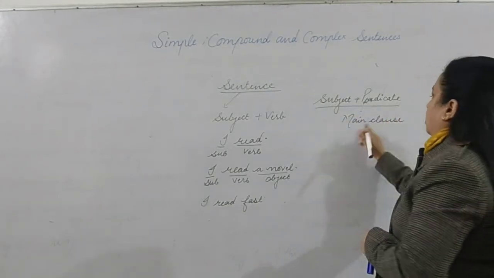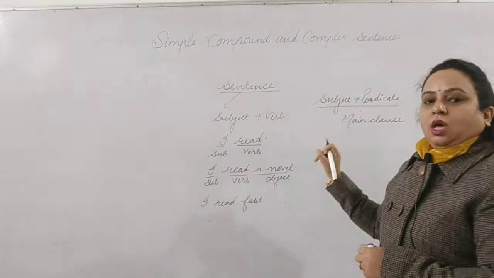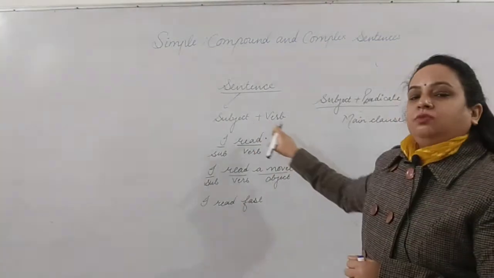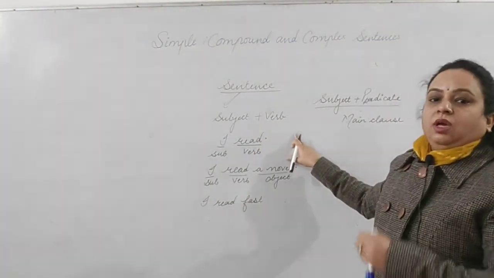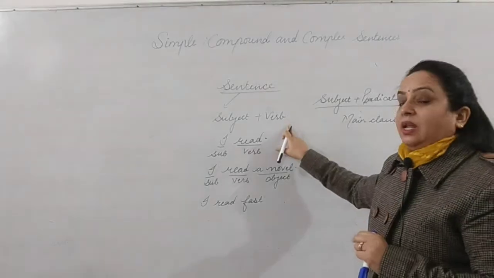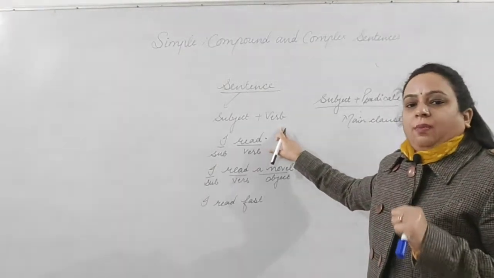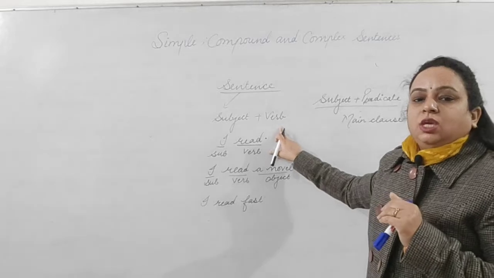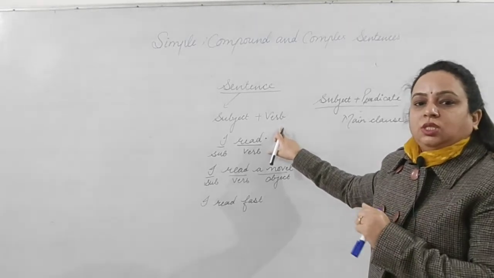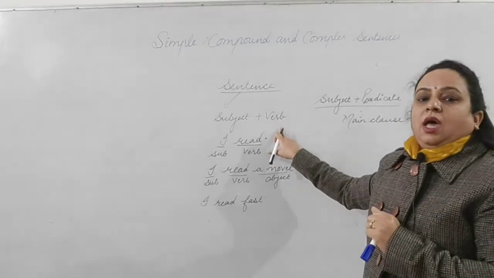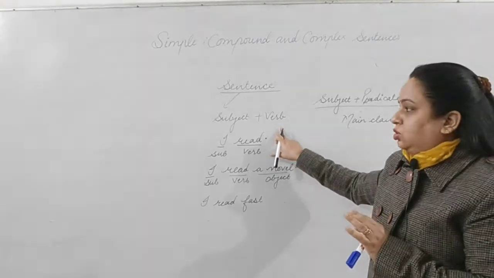A clause itself is a combination of subject and verb, having one subject and one finite verb. We have read about finite verbs: the verbs which keep on changing according to the subject and the tense. Those are called finite verbs.